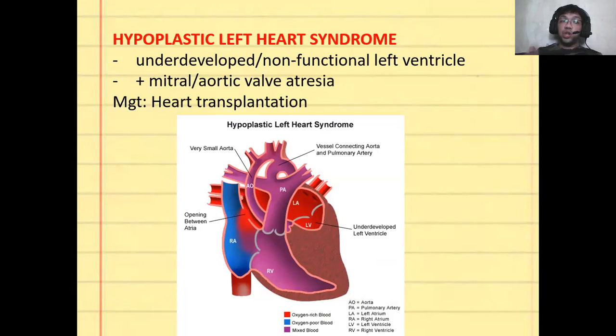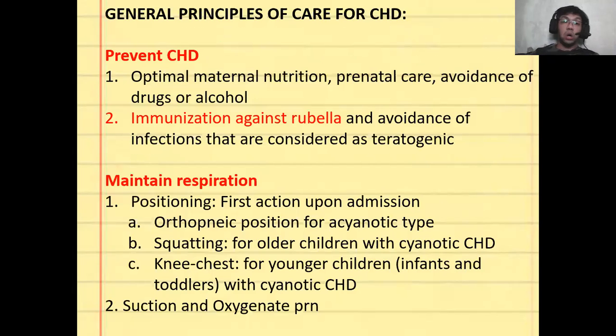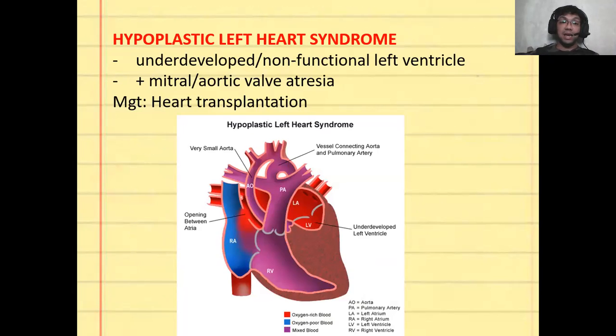Usually, for children who have hypoplastic left heart syndrome, the prognosis of this is very, very poor. They are going to immediately die from this type of congenital heart defect.